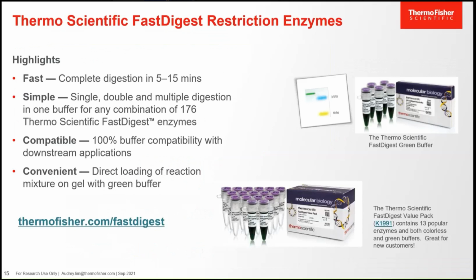FastDigest RE are a cut above the conventional restriction enzymes in that they are super fast. They can complete most restriction digestions within 5 to 15 minutes.